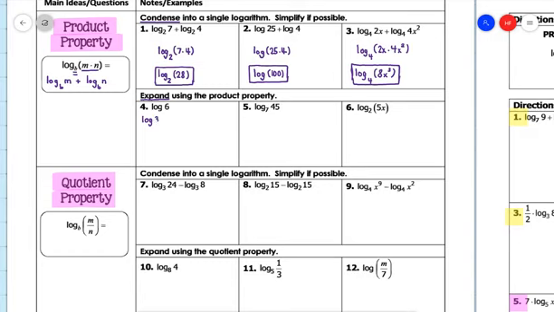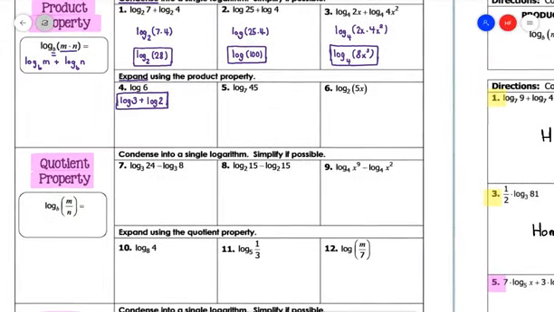Well, I could say this is log of 3 plus log of 2, because then in order to condense that, I would multiply them together. And there's no specific answer on these expansions because there are multiple ways to multiply to a number. With 6, it's kind of obvious that we can use 3 and 2, but on other numbers, it might not be so obvious.